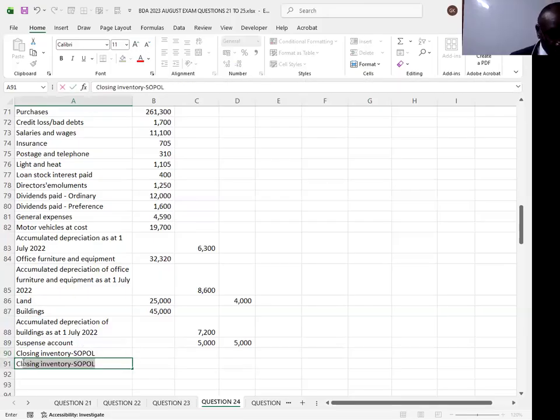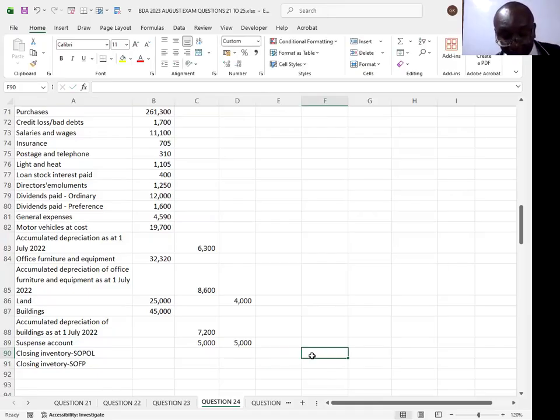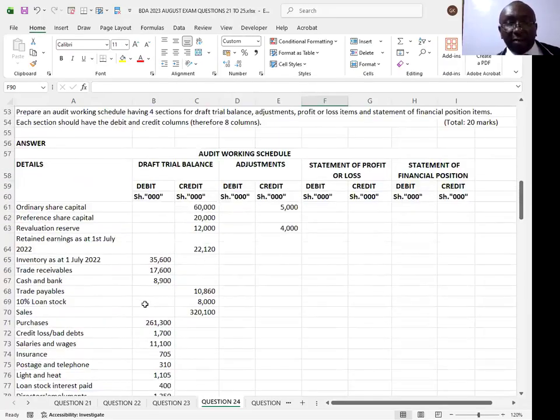Then the closing inventory dash, the one that is going to the statement of financial position. So the one that is going to statement of profit or loss, we will credit.